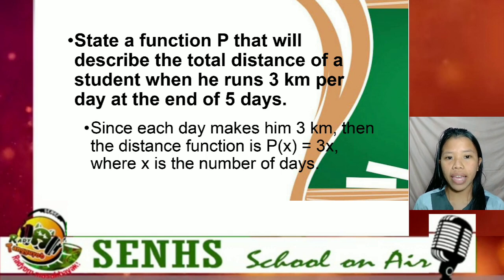So we have to make a function from our problem. Since each day the student runs 3 kilometers, our distance function is P(x) = 3x, where x is the number of days.